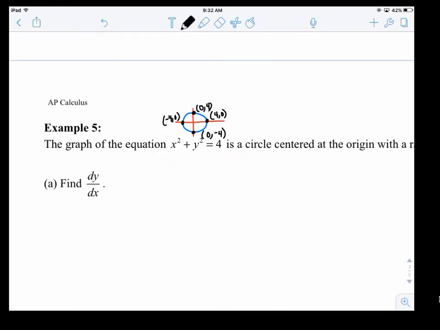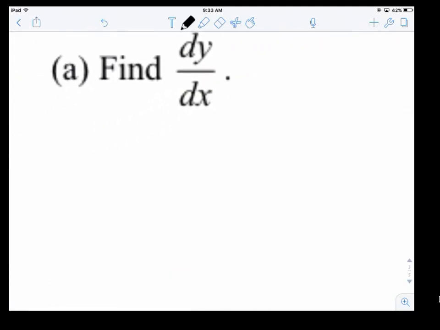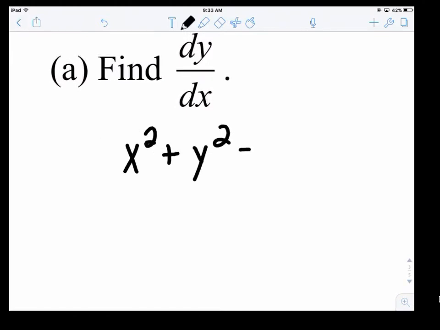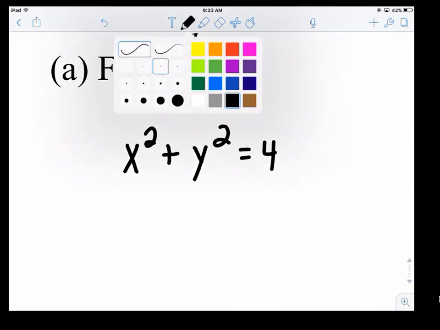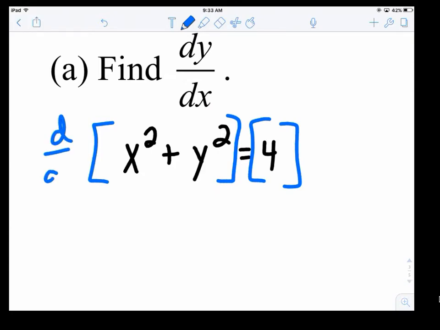Okay, so we are going to be figuring out information about that equation. It says find dy over dx. So I have x squared plus y squared equals 4. And you are finding the derivative with respect to x on both sides.